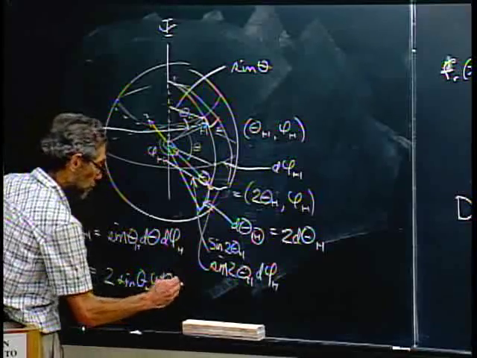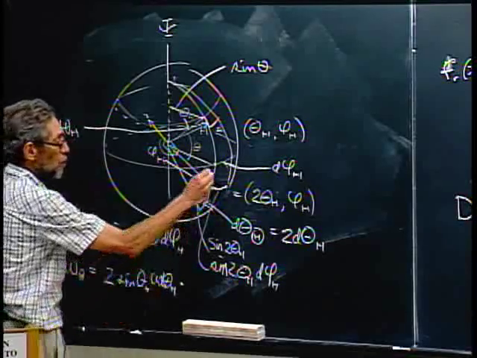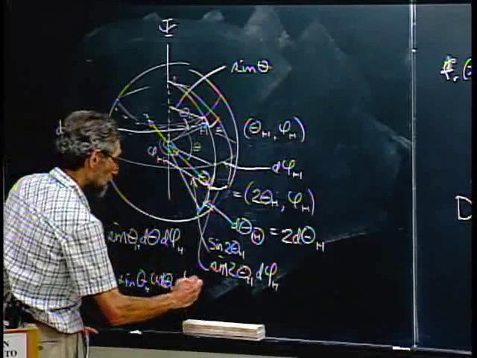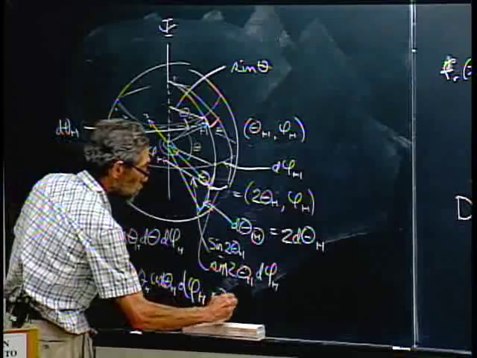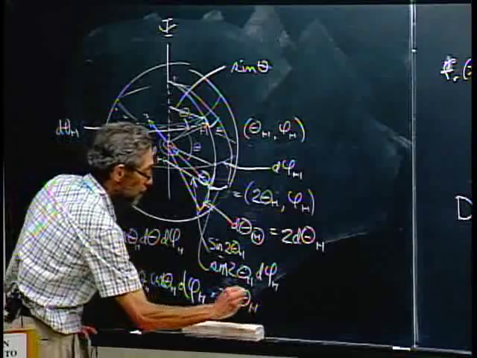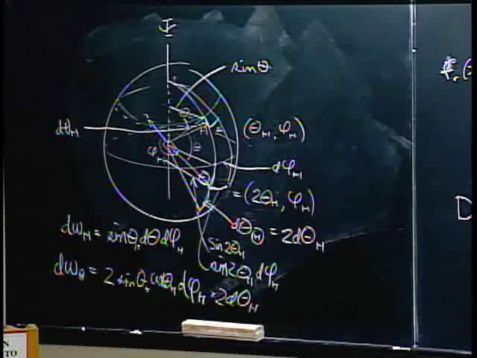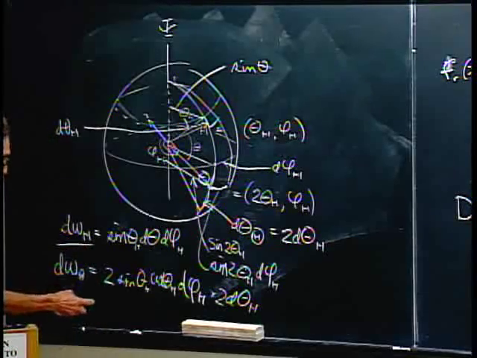And then we have to multiply. That's the part going around this way, and the part going around that times d phi h, and then multiplied times 2 d theta h. Okay, so what I want is this ratio, d omega, this one over that one.